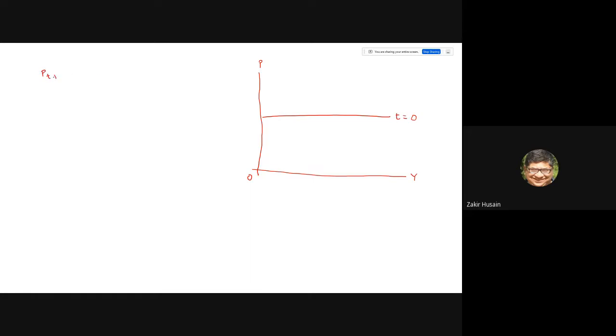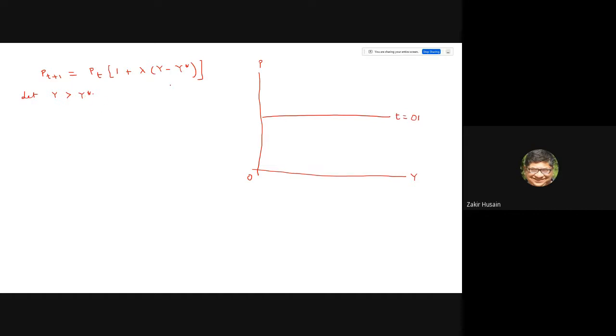And we have a price adjustment mechanism. This is the full employment output level, Y star. Now let Y be greater than Y star.